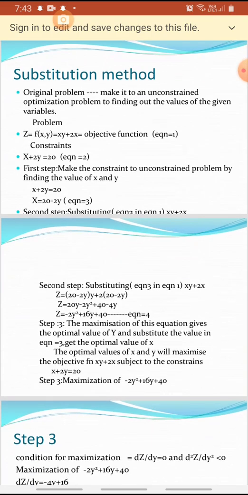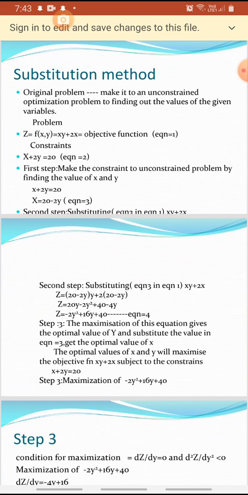Let's see the problem. For example, z is a function of x and y, where z equals xy plus 2x is the objective function. Mark it as equation 1. Then the constraint is x plus 2y is equal to 20. Mark it as equation 2.